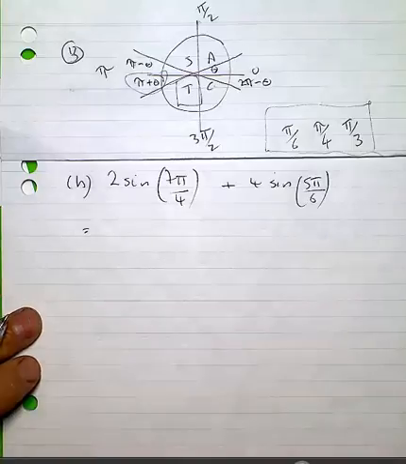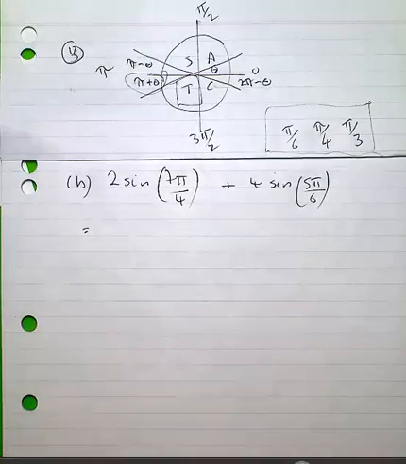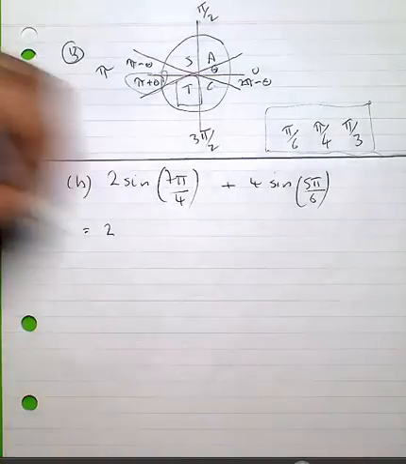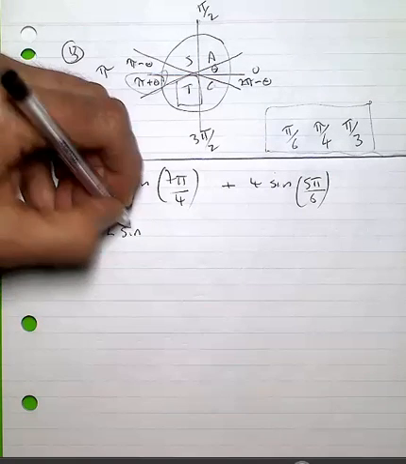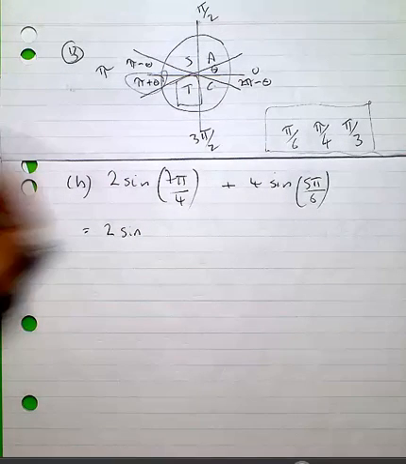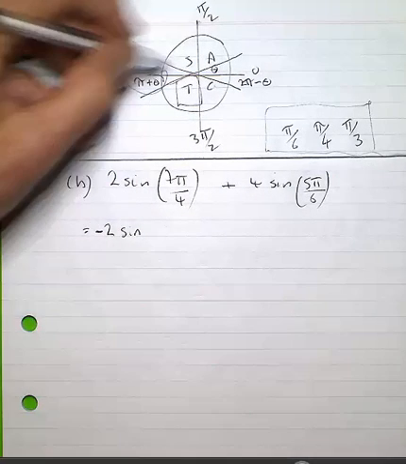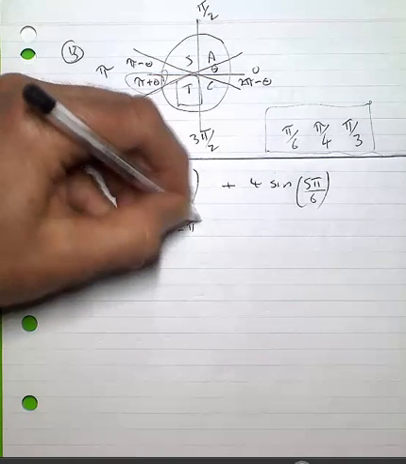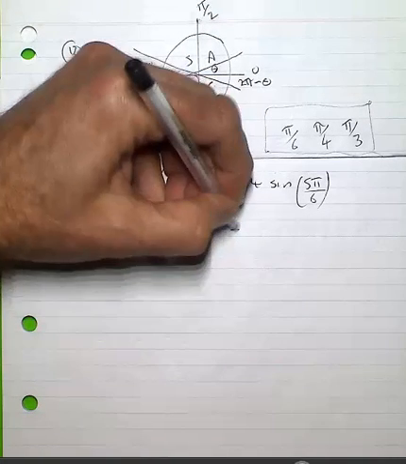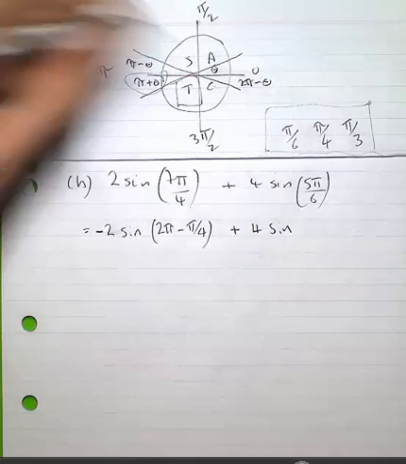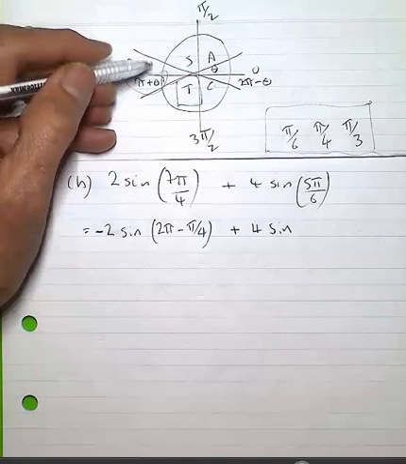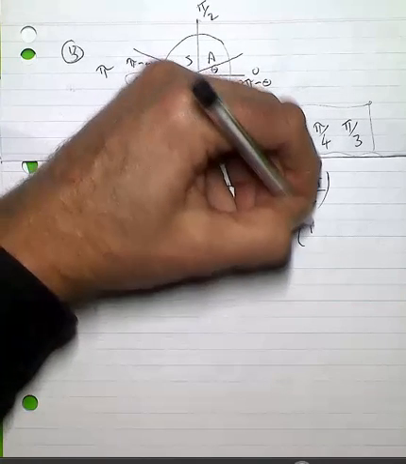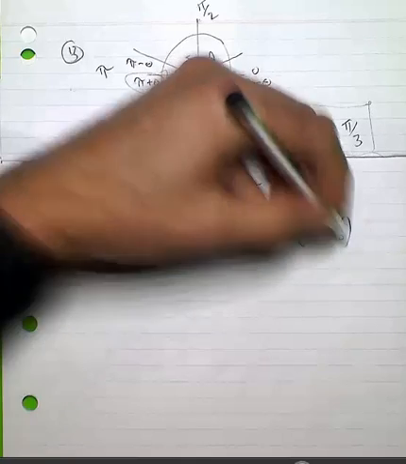Now in part B, we're going to use some symmetry properties in the cast diagram to work out what's happening here. So that's the same as negative 2 sine of 2 pi minus pi on 4, plus 4 sine, positive because we're in the second quadrant, pi minus pi on 6.